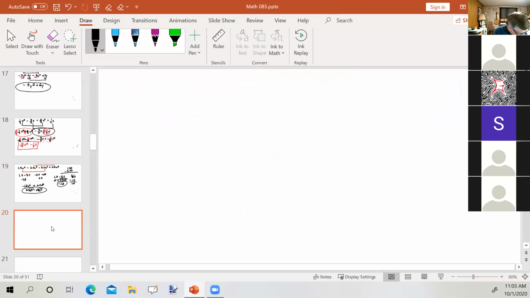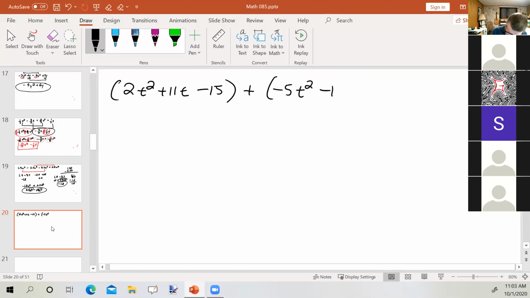So let's take a look at this scenario. We have 2t squared plus 11t minus 15 plus the quantity negative 5t squared minus 13t plus 10.